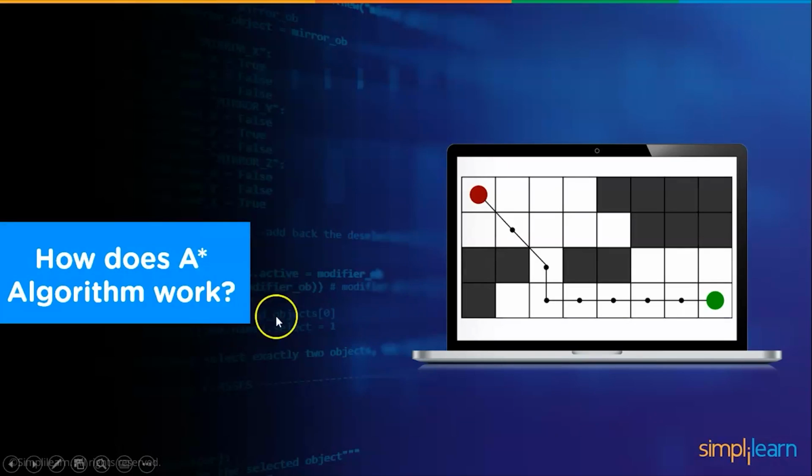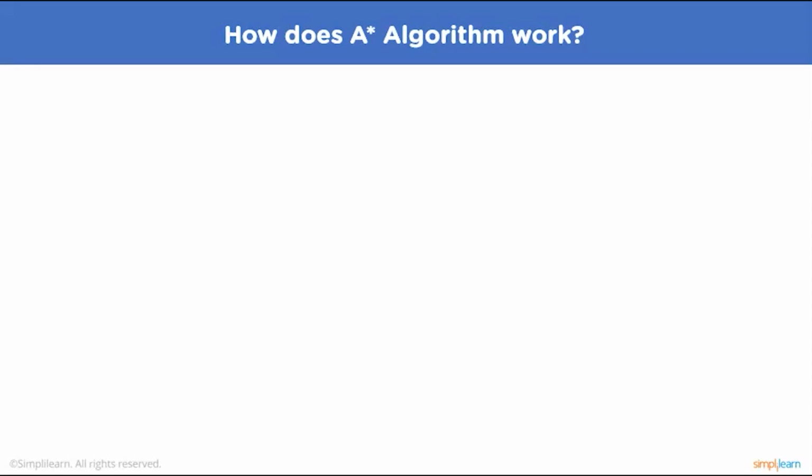Now that we know the basic concept behind the A star algorithm, let's take a look at how exactly the A star algorithm works with the help of a case study. So now let's take a look at how the A star algorithm works. To do this, we're first going to consider a weighted graph, since the A star algorithm uses weighted graphs to make its calculations easier.